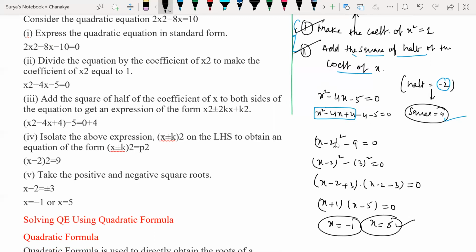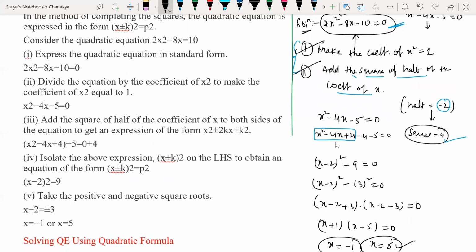Don't go through all that, only simple 2 points. What is that?